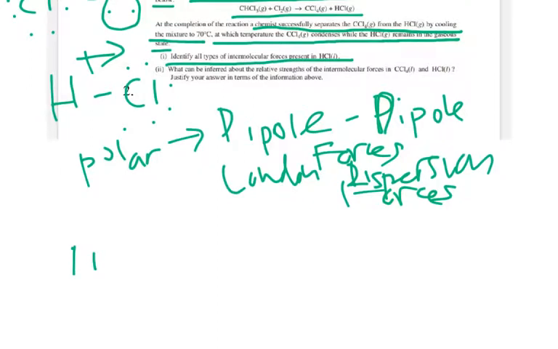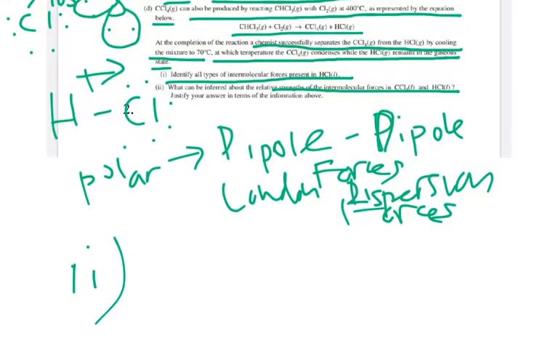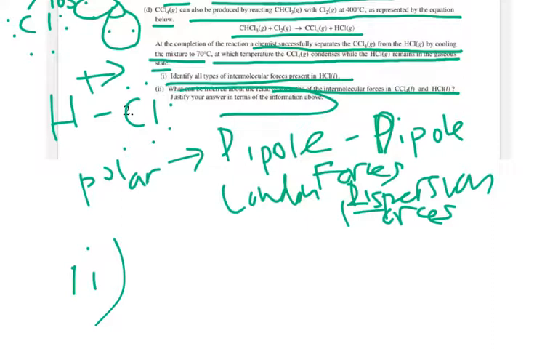Now let's look at D2. What can be inferred about the relative strengths of the intermolecular forces in CCl4 liquid and HCl liquid? So let's think about this for a second. They want us to justify the answer in terms of the information above.